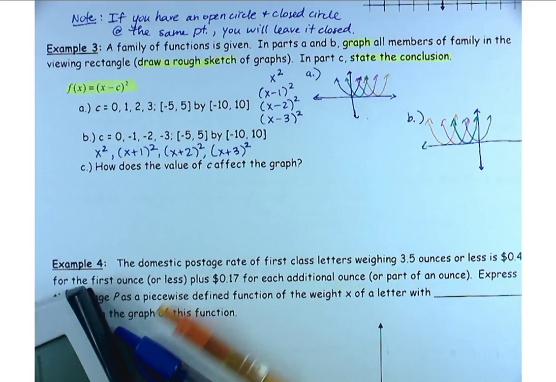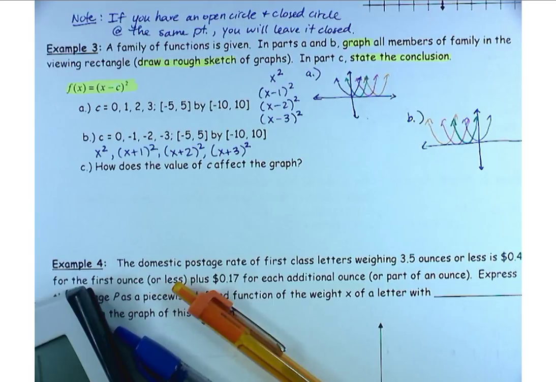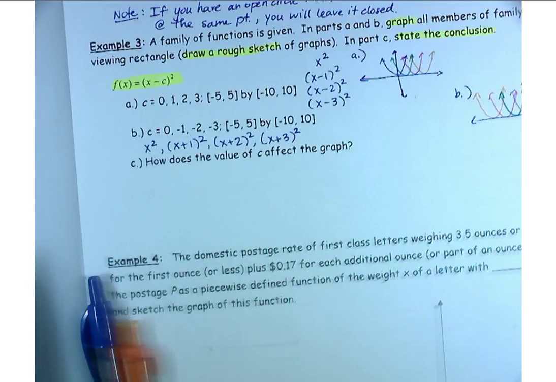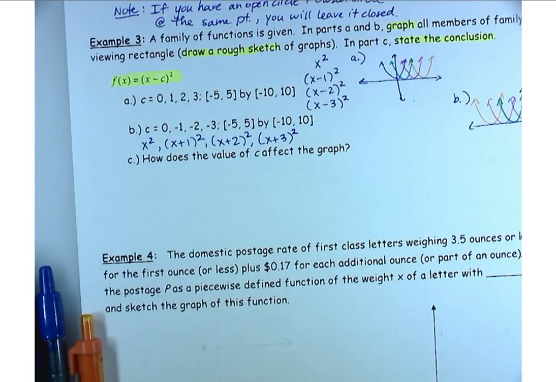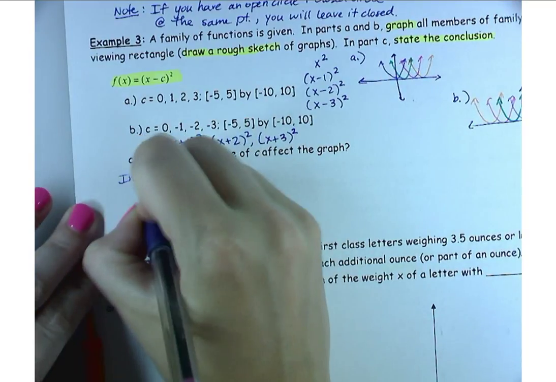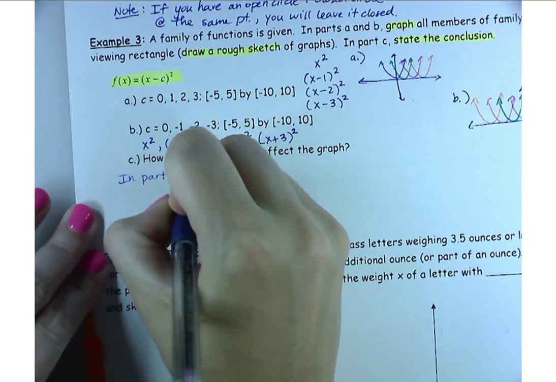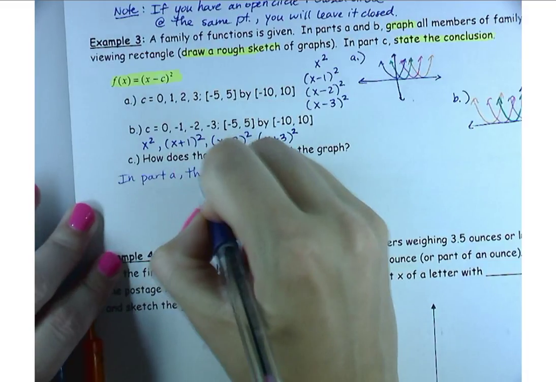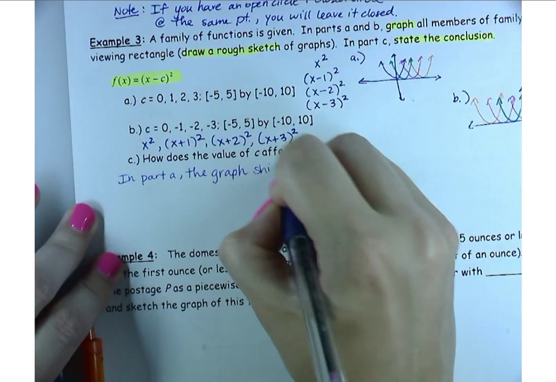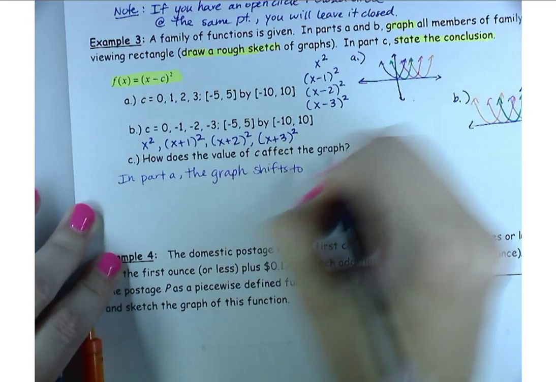Right, so then for C, you have to say, how does the value of C affect the graph? And when you're writing this, be specific. So we're going to talk about part A first. So in part A, the graph shifts to the right.